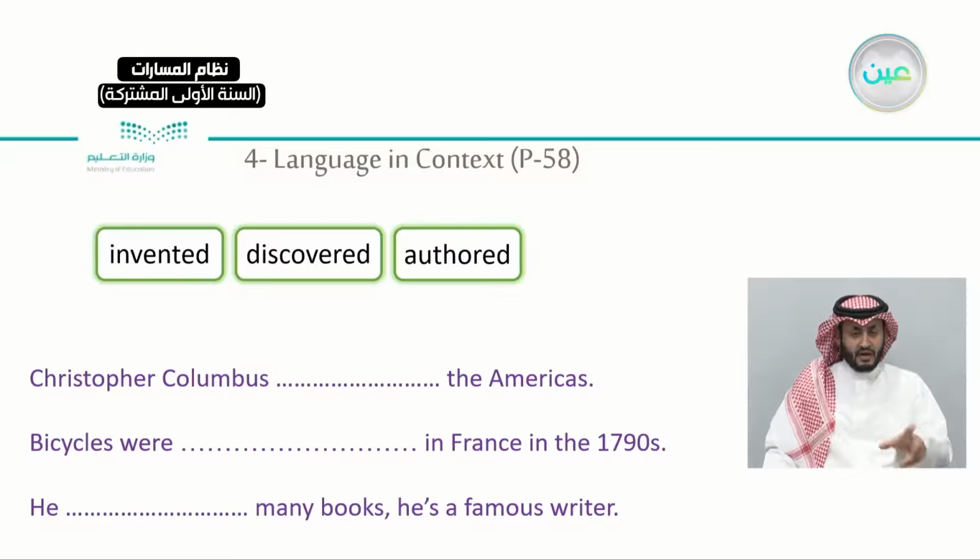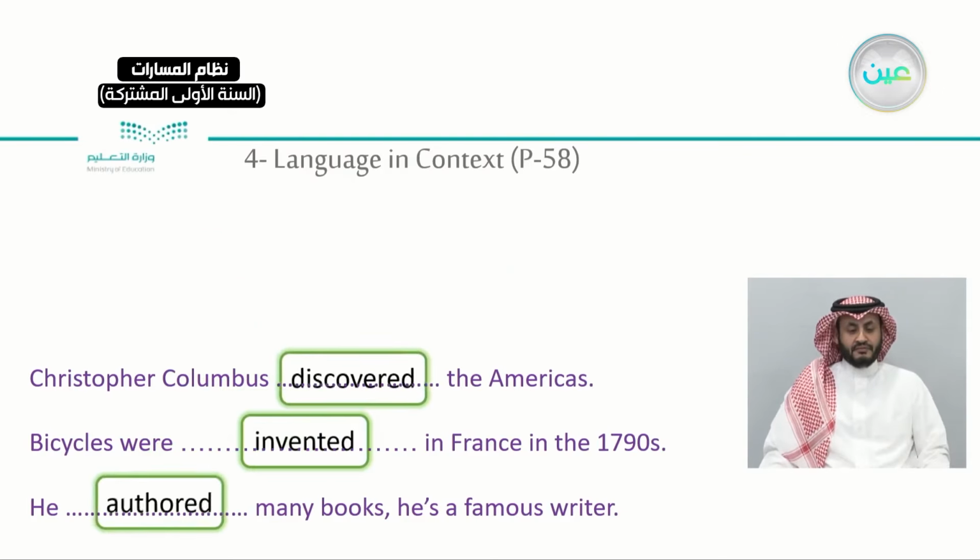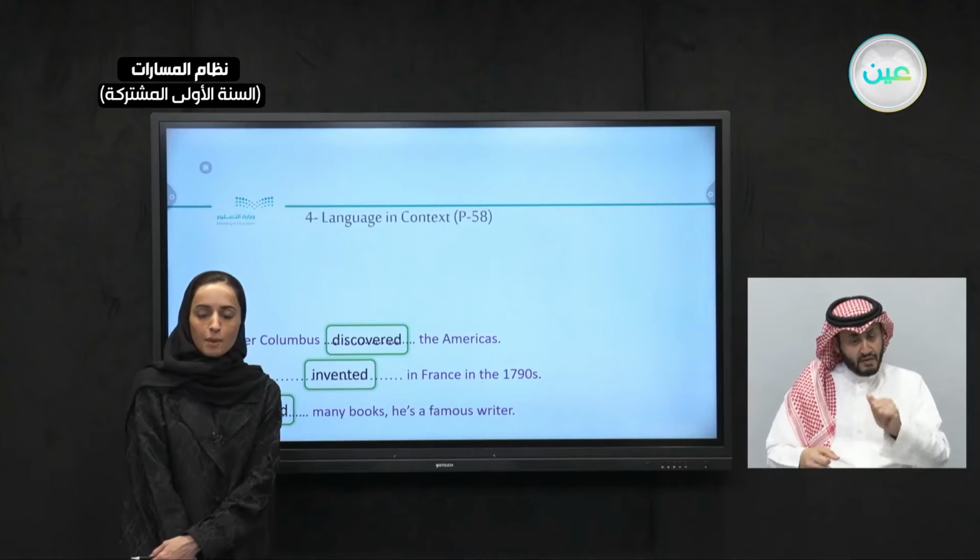So let's try to use them. Invent, discover, and we have authored. Christopher Columbus, what did he do to the Americas? Did he invent, discover, or author? He actually discovered. How about bicycles? They were invented. They were not there in the past.